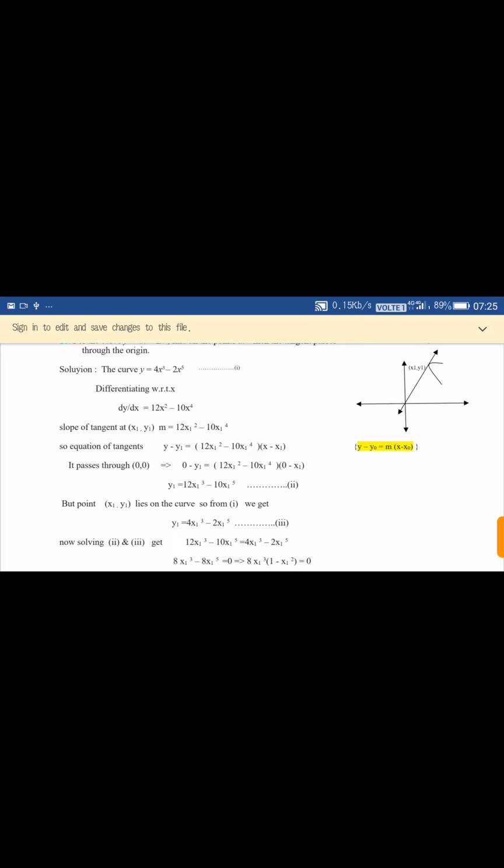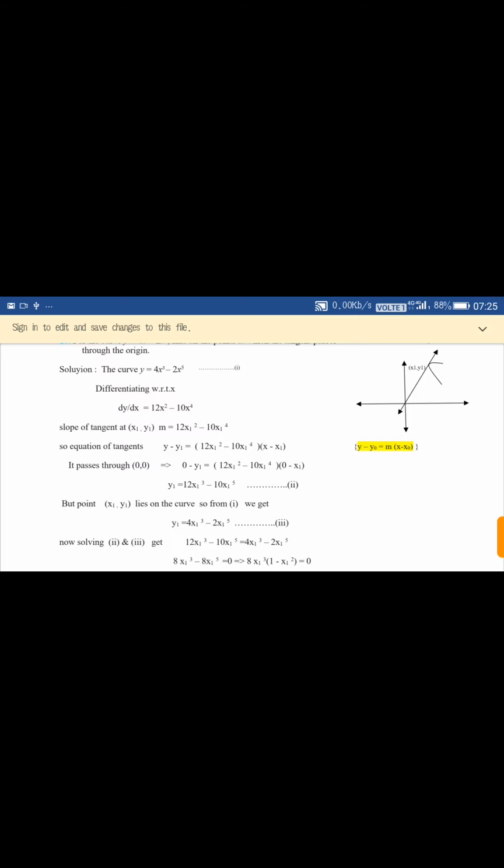So we have to find the slope of the tangent at (x1, y1), that is m. So put the value in dy/dx as (x1, y1). Here it becomes 12x1² − 10x1⁴. So the equation of the tangent, we know the formula y − y0 = m(x − x0).